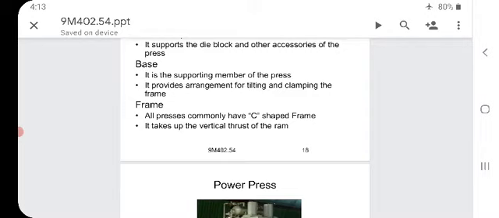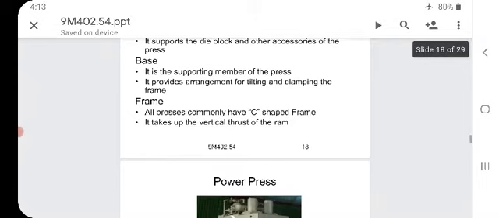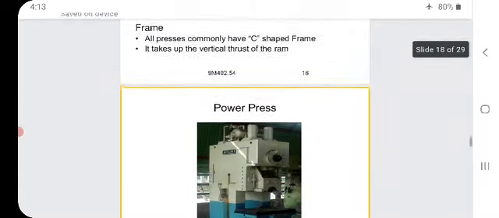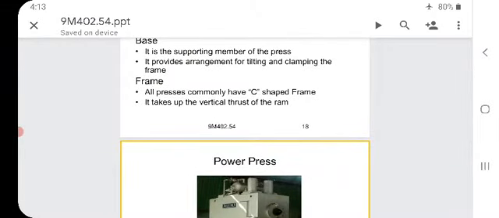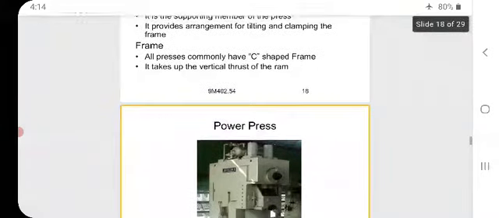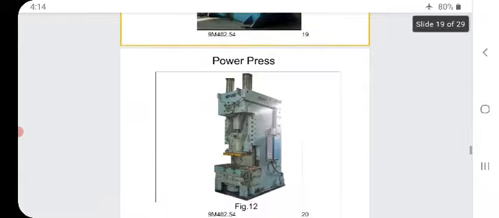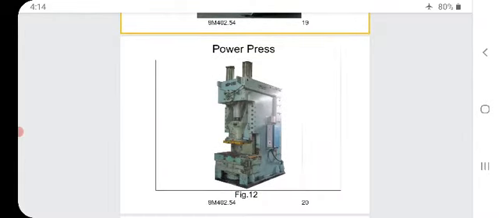Frame. All presses commonly have a C-shaped frame, also called a gap type. It takes up the vertical thrust of the ram. This is the power press, a solid figure which you can see on the screen. This is also a power press.